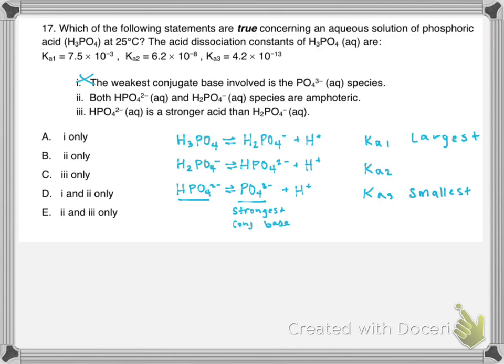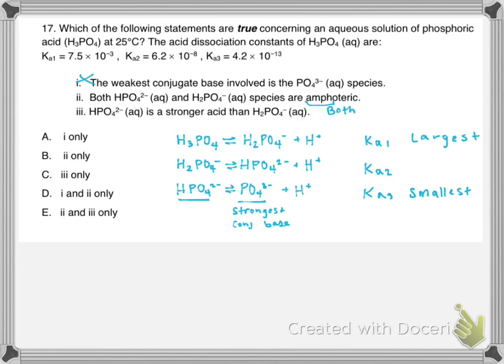Okay, for the second one, it says both HPO4 2- and H2PO4- are amphoteric. So just remember that amph means both. And so that means they can act as both an acid and a base. And we see that this is true, right?